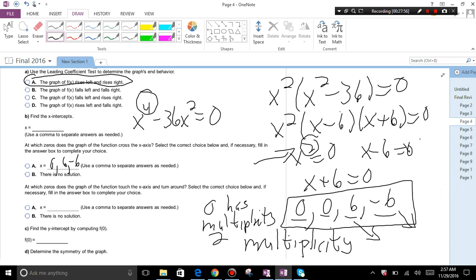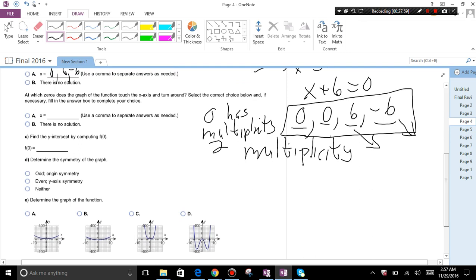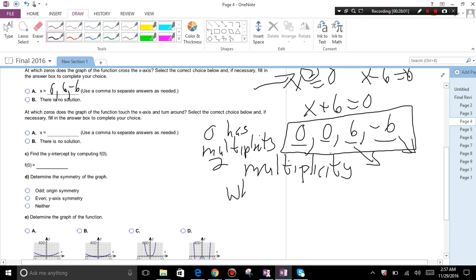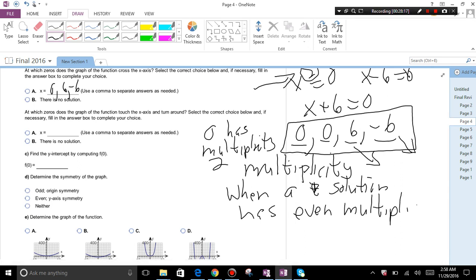So here's the rule. The rule is that when a solution has even multiplicity, that means it's going to hit the x-axis and turn back and turn around.